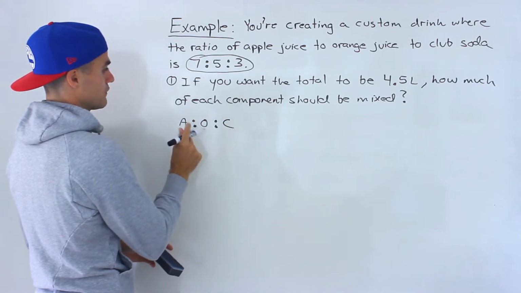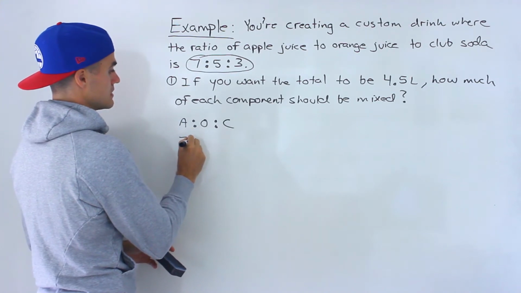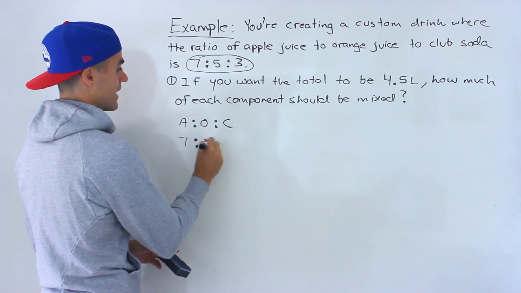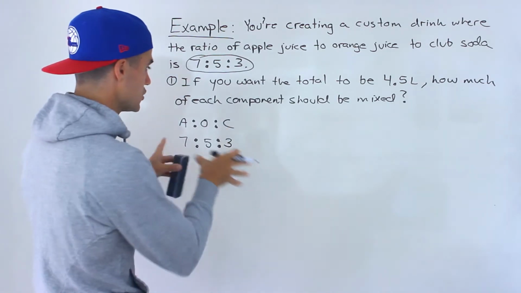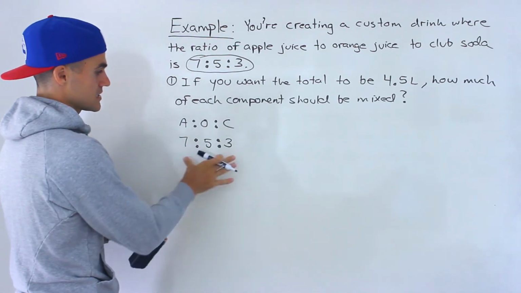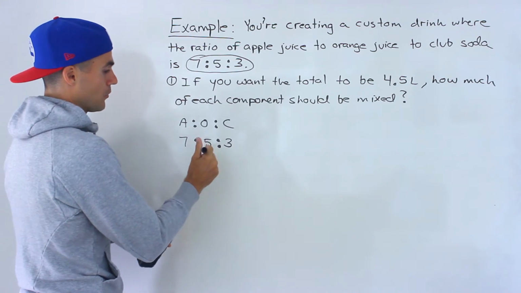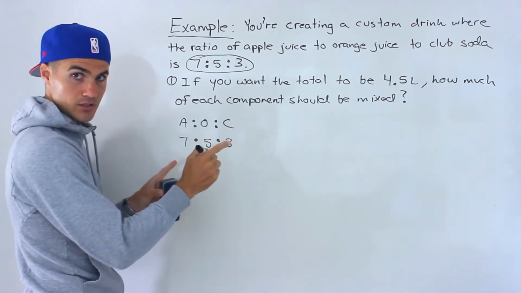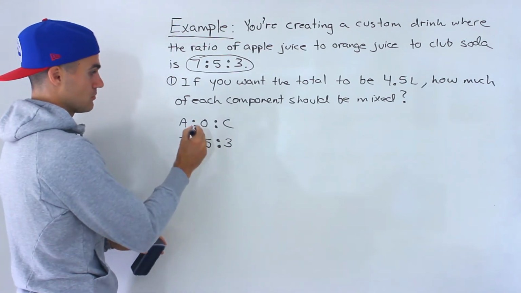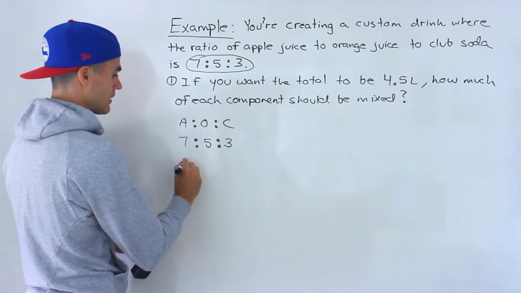What I'm going to do is figure out what percentage or fraction of the drink each of these components takes up. Because this is a ratio here, but we can convert it to be a fraction or a percentage for each component.